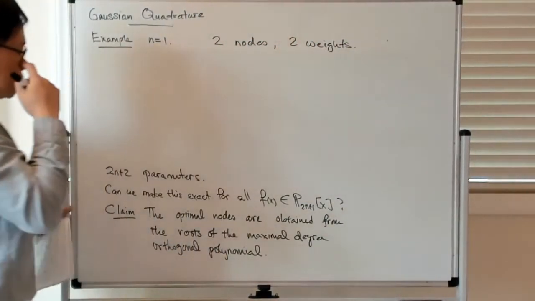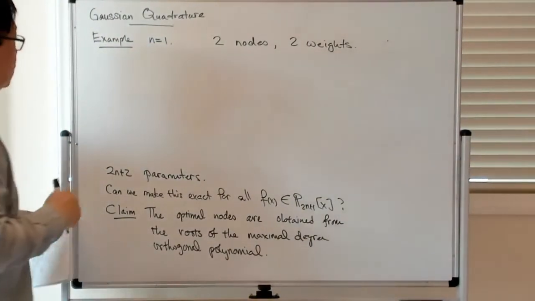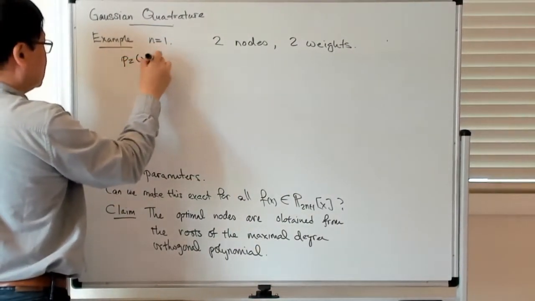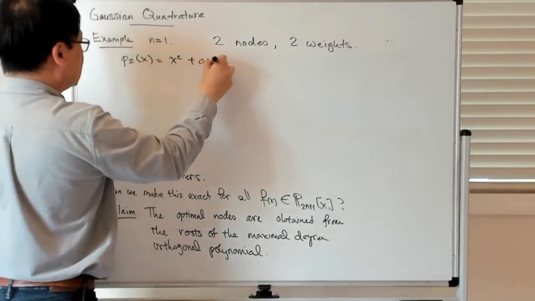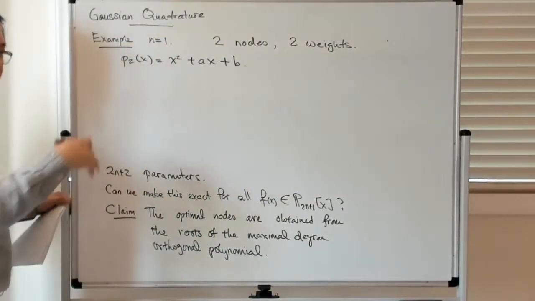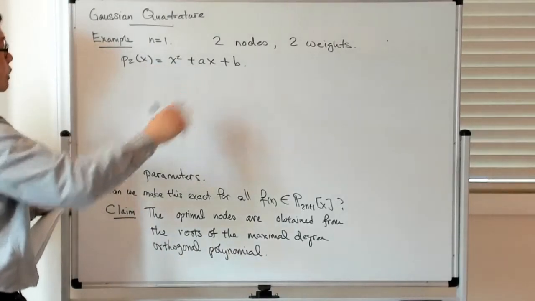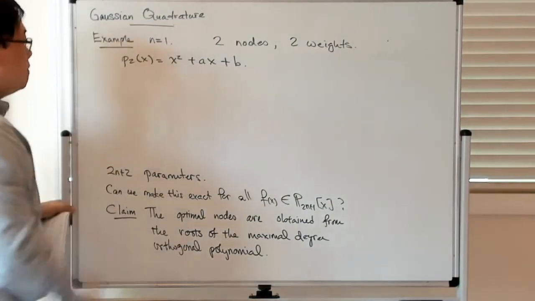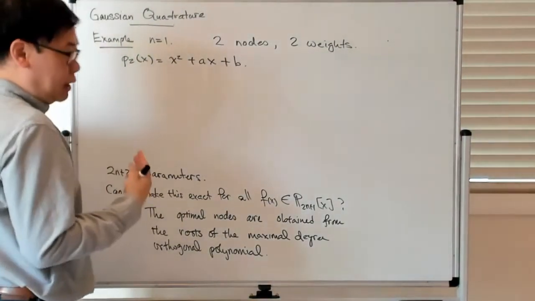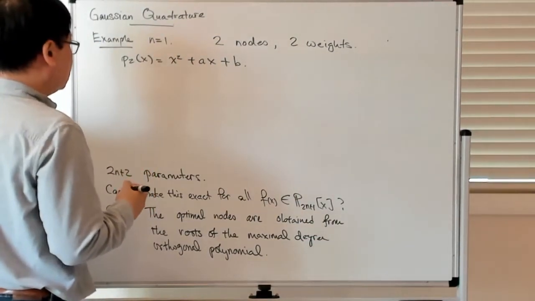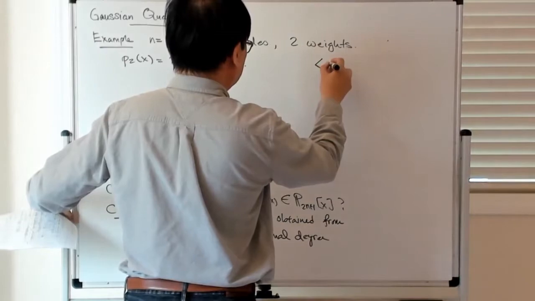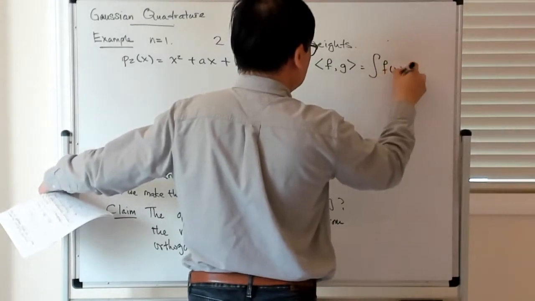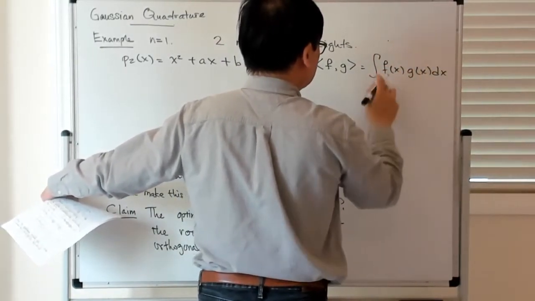I want to find a quadratic orthogonal polynomial. So let's write this as p2 of x equals x squared plus ax plus b. The constant scaling in front doesn't matter because I'm just interested in the roots of this orthogonal polynomial, so I'm going to normalize it to 1. What it means for this polynomial to be orthogonal is that there's this idea of an inner product between 2 functions f and g, given by an integral of f of x times g of x dx over some appropriate interval.